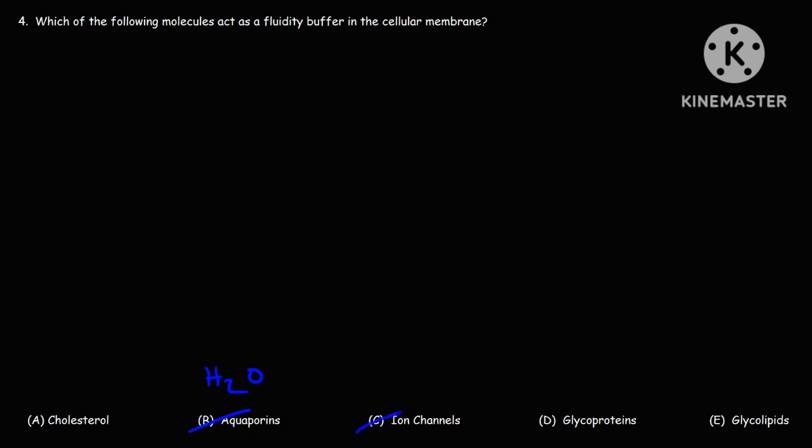It's not going to be ion channels. Ion channels are protein channels that carry ions like potassium and sodium across the cell membrane. And it's not going to be glycoproteins. So these exist on the surface of the cell, and it's not going to be glycolipids. The answer is cholesterol.